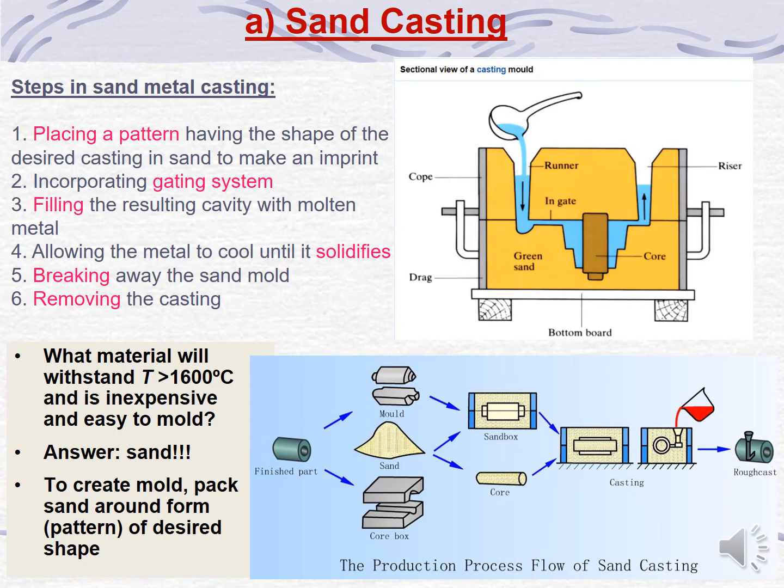Okay, under the casting process, there are a few types. The first one is the sand casting process. Why is this process called the sand casting process? Because the material for making the mold is sand.